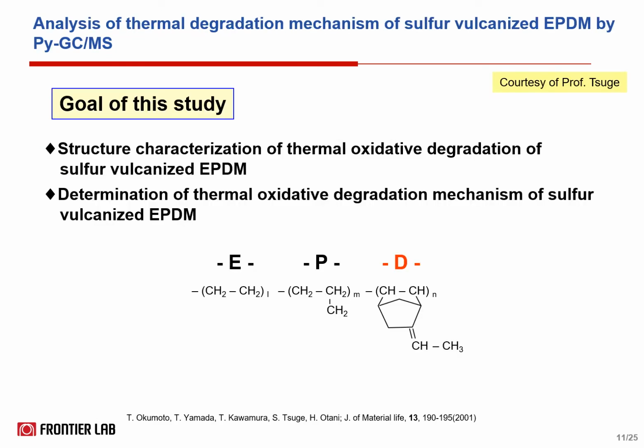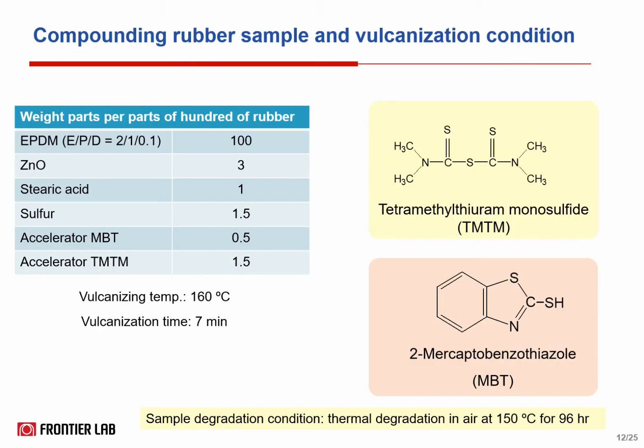The next example is analysis of thermal degradation mechanism of sulfur vulcanized EPDM by Py-GC/MS. This research was conducted by Professor Tsuge and his research group. The samples were prepared by the following steps.